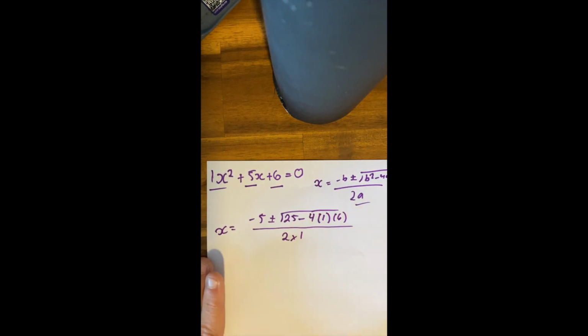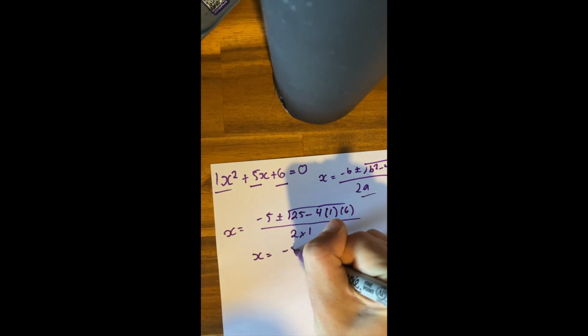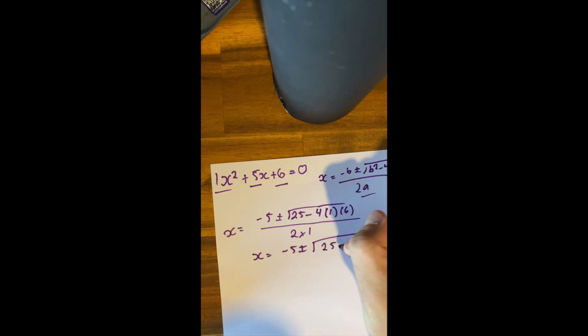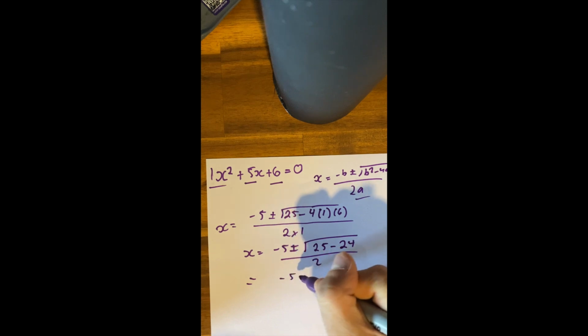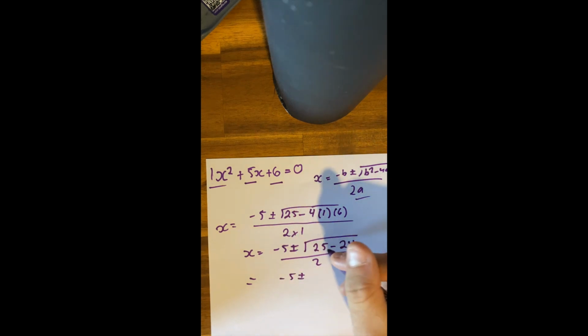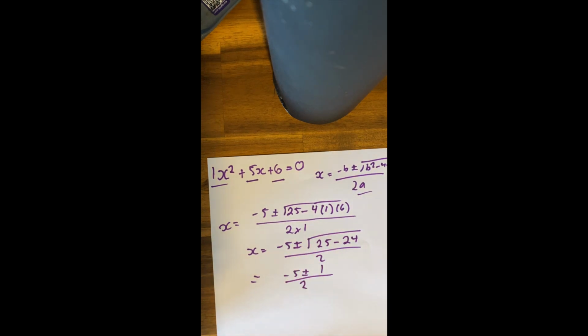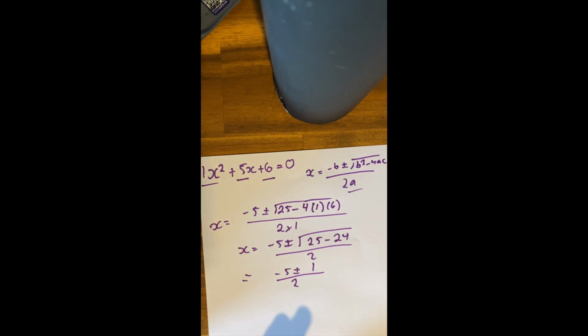Now we simply simplify this, and we get x equals minus 5 plus or minus the square root of 25 minus 24 on 2, which equals minus 5 plus or minus the square root of 1, which is just 1, over 2. And this will give us our two solutions for this quadratic equation, which in this case, we'll consider minus 5 plus 1 on 2, and we'll also consider minus 5 minus 1 on 2.